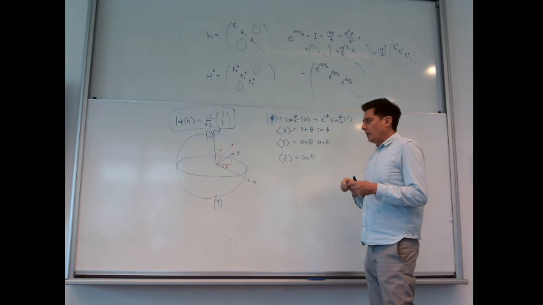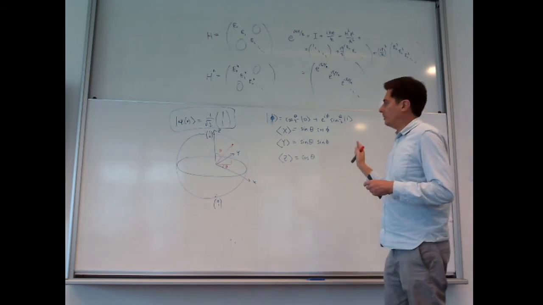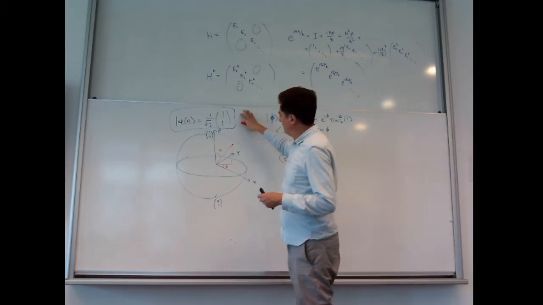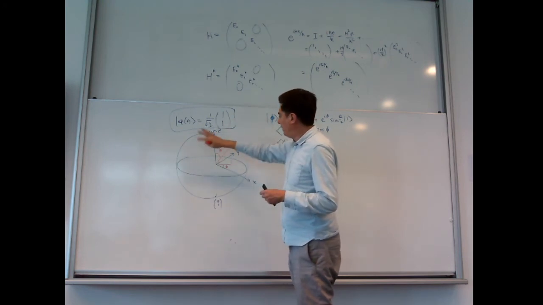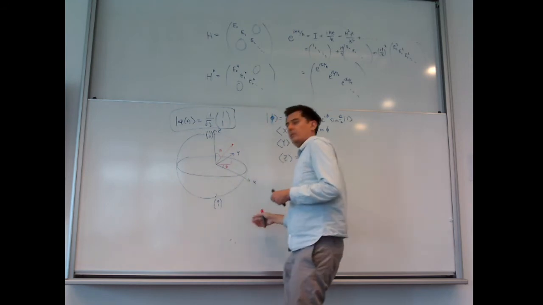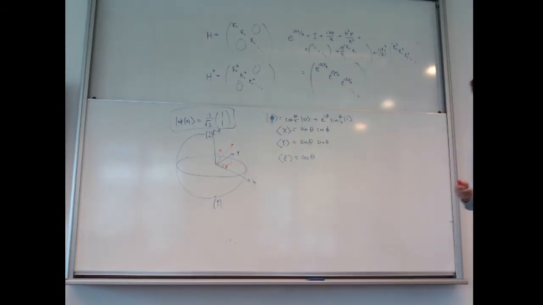Okay. So basically, I'm just asking you: if I had this state 1, 1, do you remember where that state is on the Bloch sphere? So it should be pi over 2, so it should be on the xy plane. Yep. But what about phi?